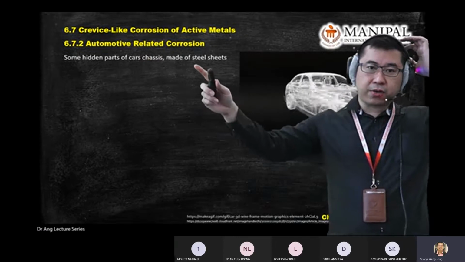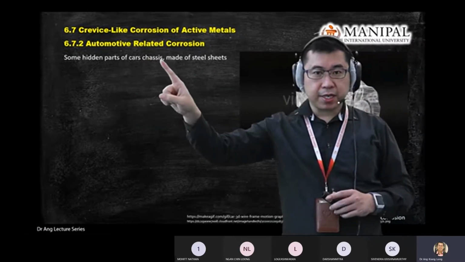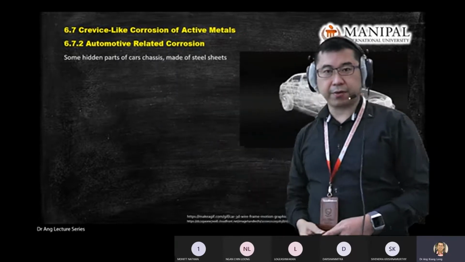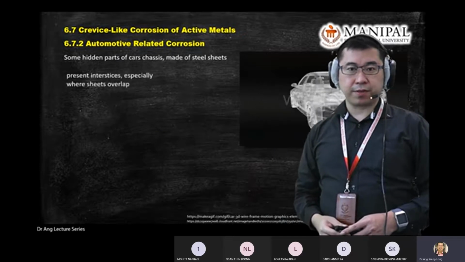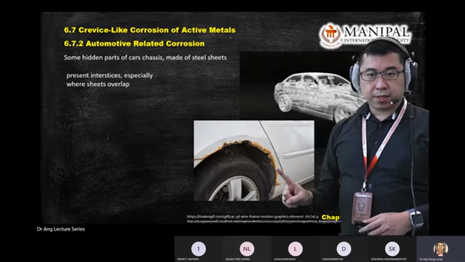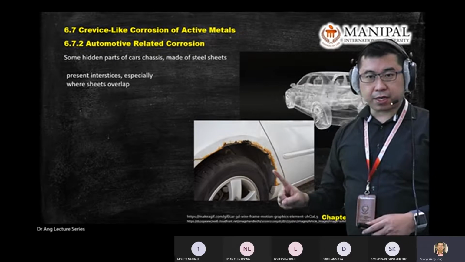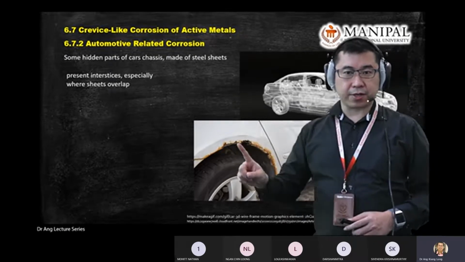Where does this crevice corrosion happen? It is in the hidden parts of the car chassis, especially those made from metal seals or steel sheet. So this is an example. These are metals exposed to the water, and crevice is going to attack all this area.